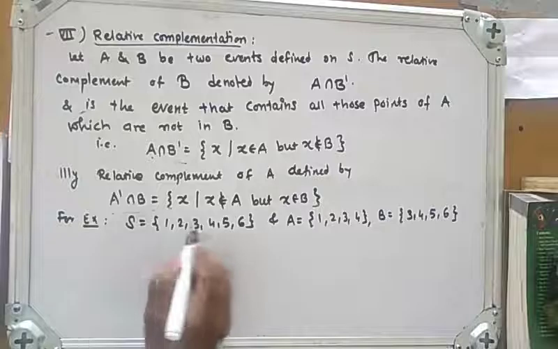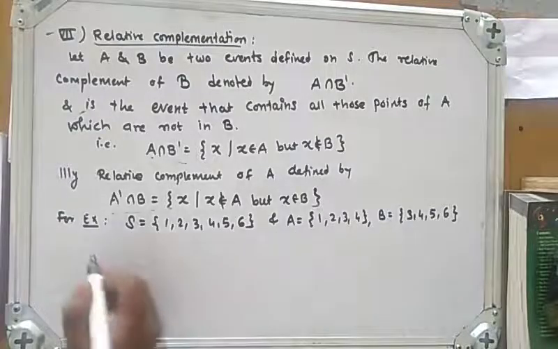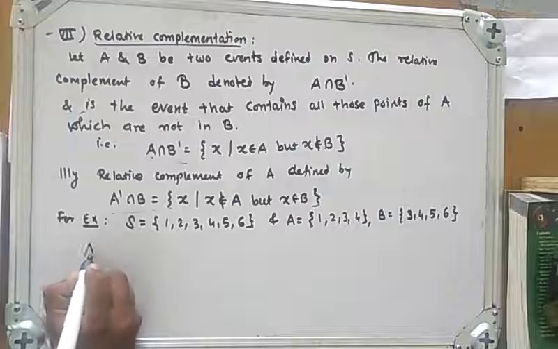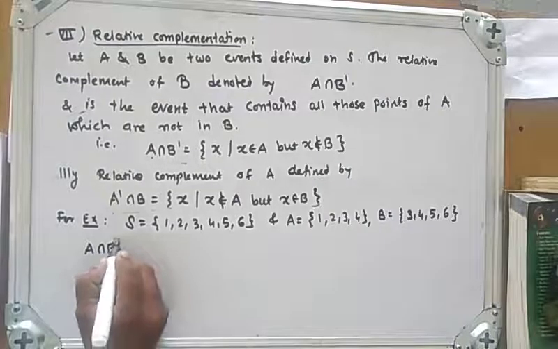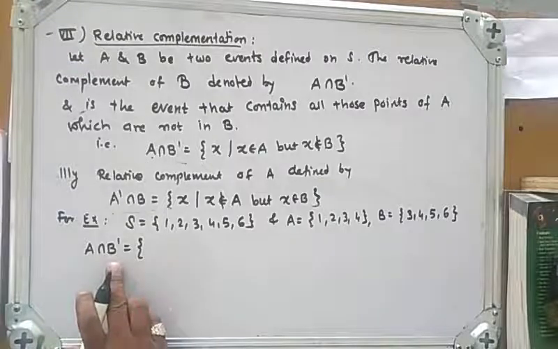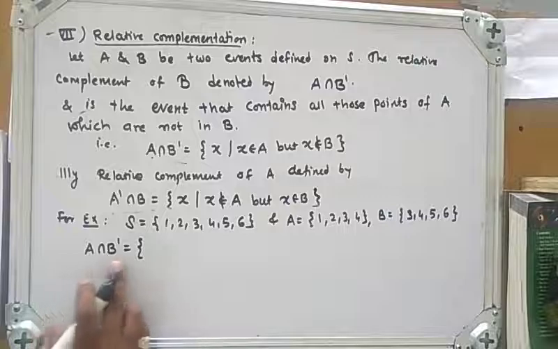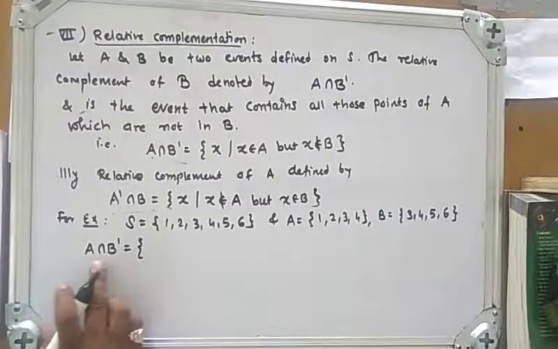Then to find the relative complement of B, A intersection B complement, first find B complement, then take its intersection with A.